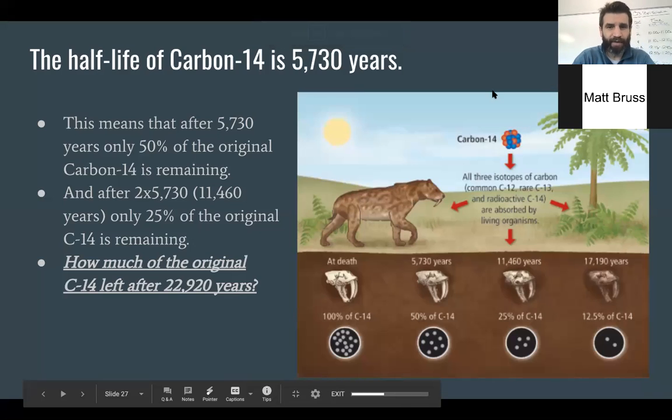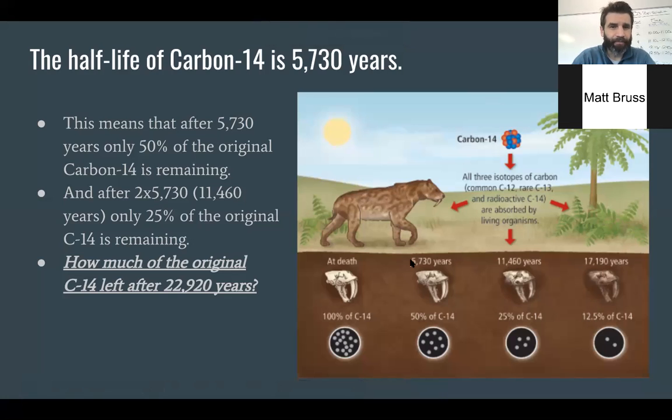So as I was finishing up the last video, I was mentioning that in any organism, there's a combination of carbon-12 and carbon-14. And we know the difference between those two is just the number of neutrons in the nucleus of the carbon atom. A carbon atom is defined by the number of protons it has.